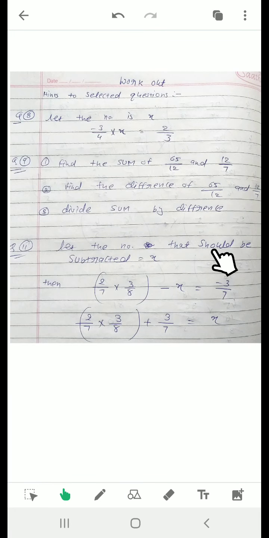Let the number that should be subtracted be x. So this x will be subtracted from 2 upon 7 multiplied by 3 upon 8. From the product of 2 upon 7 and 3 upon 8, we should subtract x so that we get minus 3 upon 7.